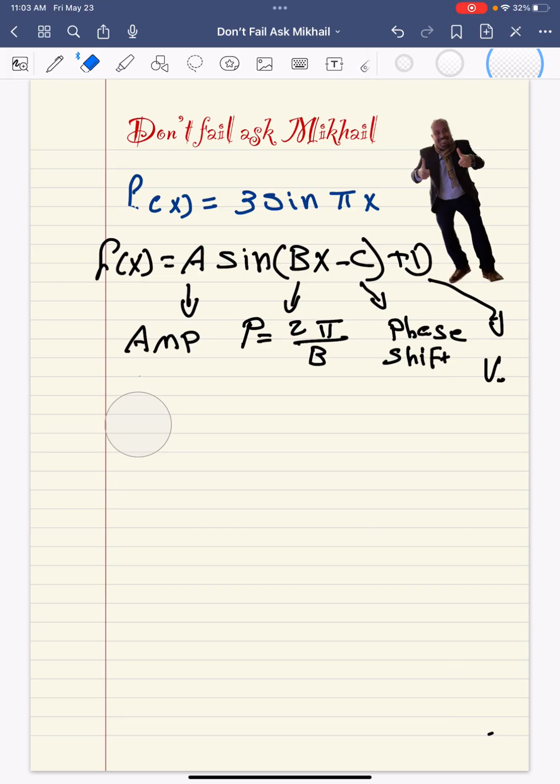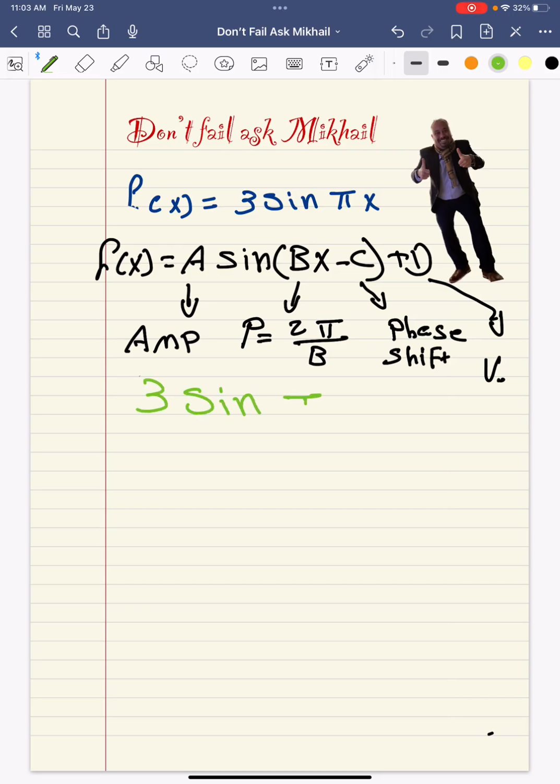If I want to graph 3 sine pi x, number one, you have to find the amplitude, a. A equal to what? To 3, to this number over here, 3. Now, if I want to graph it, where do I start?